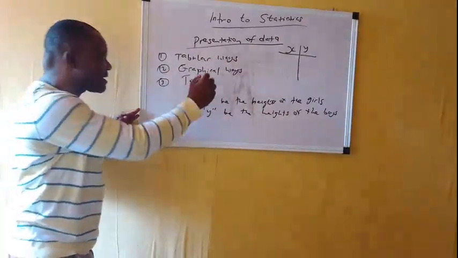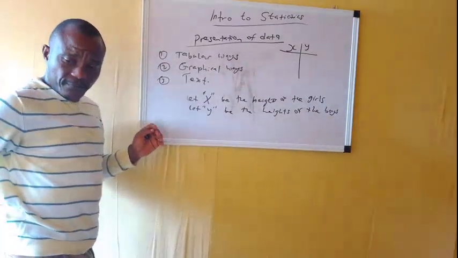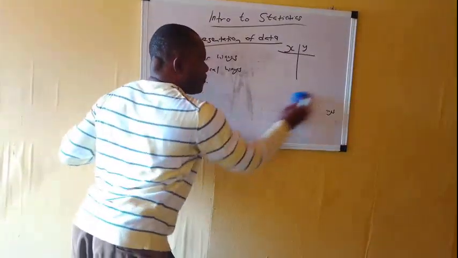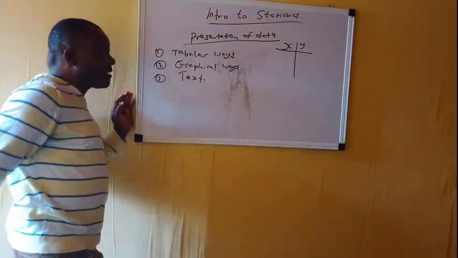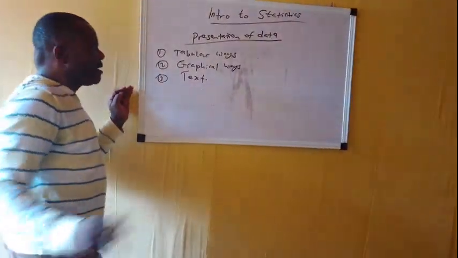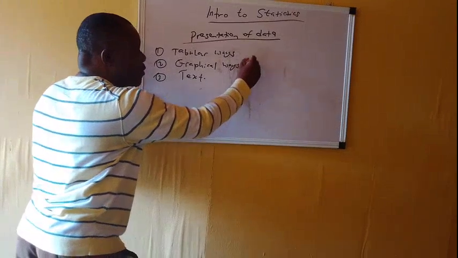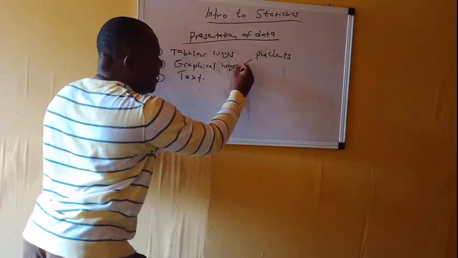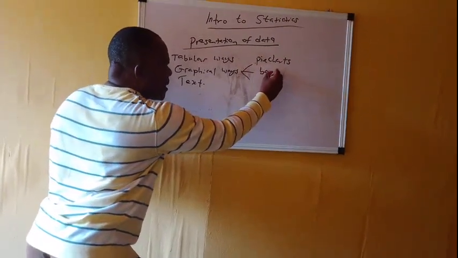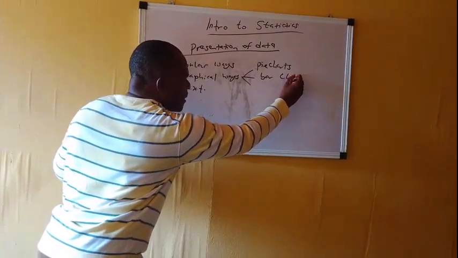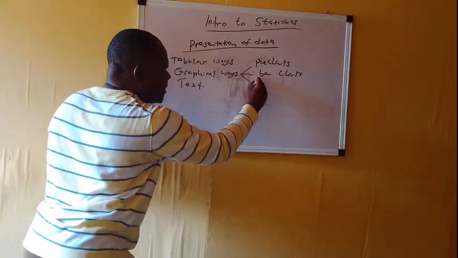Then the second way is through the graphical ways. Under the graphical way of presenting data, we have so many graphs we can use. We have the pie chart, we have the bar chart, we have the histogram.